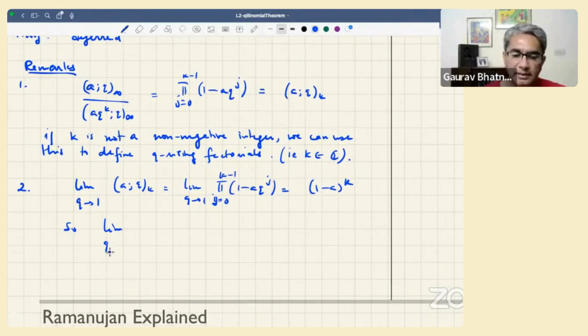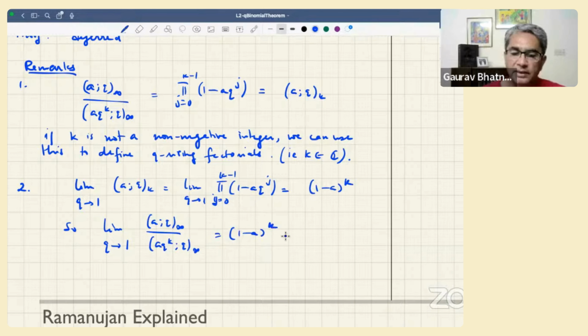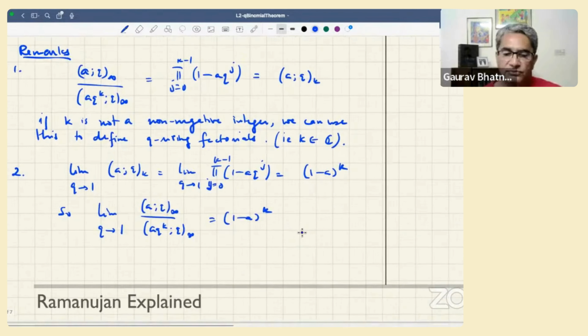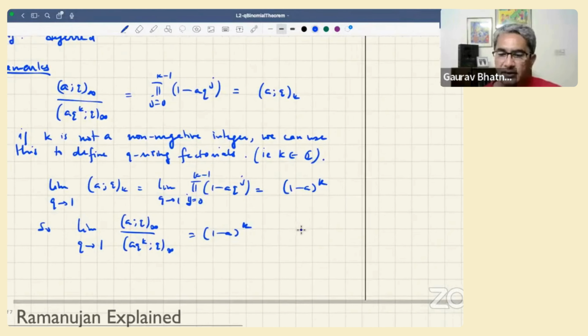This limit should be (a;q)_infinity over (aq^k;q)_infinity. This expression makes sense for both sides, even when k is not a non-negative integer.